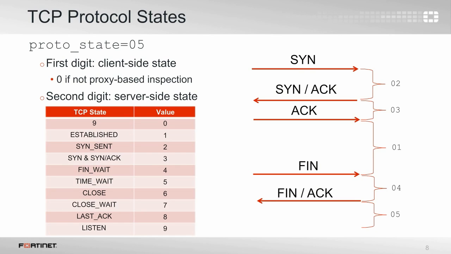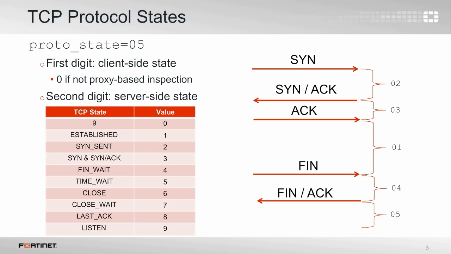The protocol state in the session table is a 2-digit number. For TCP, the first number is related to the client-side state and is different than 0 when the session is being handled by a FortiGate proxy. For example, when the FortiGate is doing proxy-based inspection. The second digit is the server-side state and is used to identify the status of the TCP session.